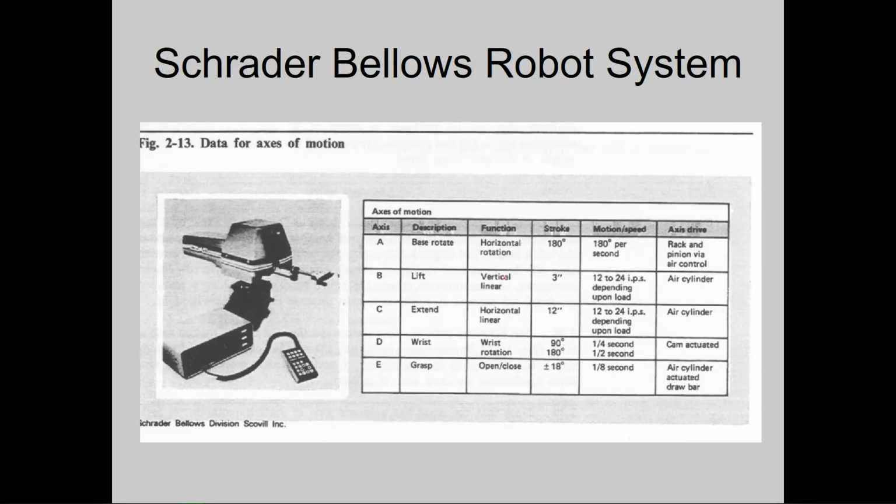So you have horizontal rotation, vertical linear rotation. You have a horizontal linear rotation, so that's this guy extending. Wrist rotation, and then the gripper that is the tool on this, that is an integral part of this, has the ability to open and close. It tells you how far these things can move and what degree of rotation you can get out of them.